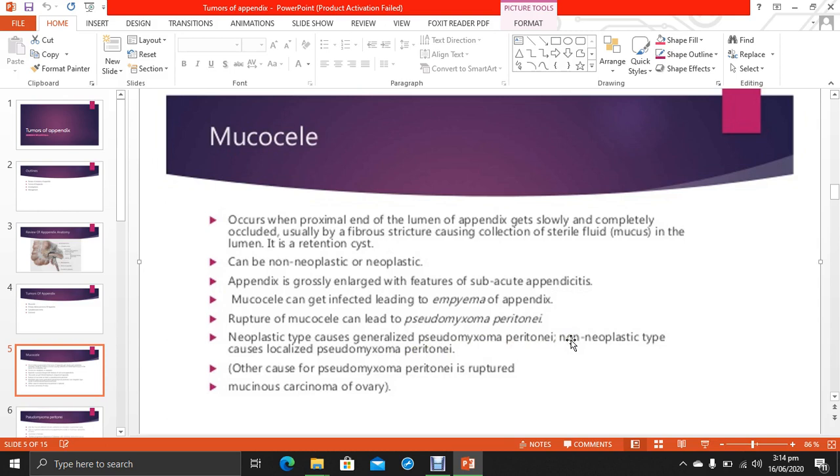When the mucocele secretion has malignant cells and it ruptures, it involves the local area, or can involve the whole abdomen, the whole omentum and the gut.